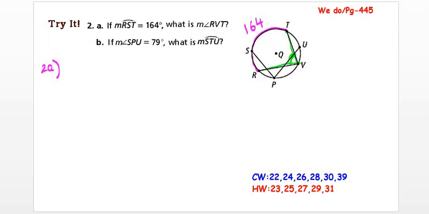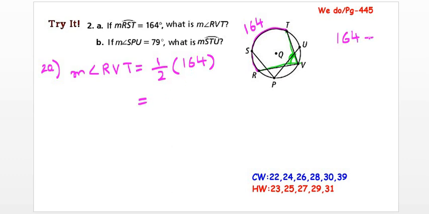So if we are trying to find angle RVT, it will be half of the arc 164. Or you can say, if you divide 164 by 2, it will give you the same answer, right? So it's going to be 82 degrees.